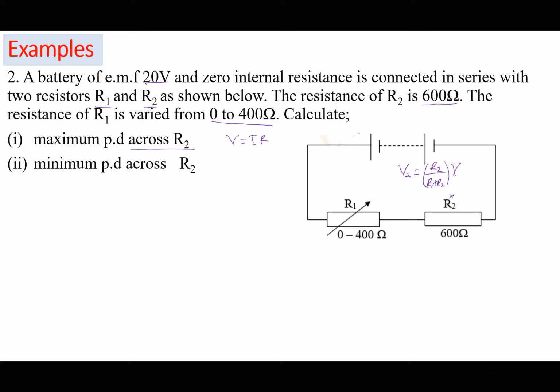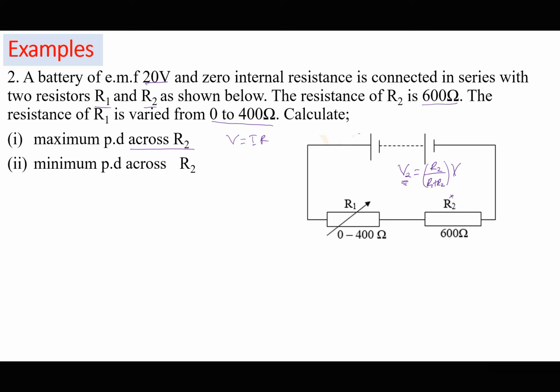Because R2 is fixed, then R1 should be 0. That is simple common sense. Because R2 is fixed, R1 should be minimum, because R1 is the one which is variable. So R1 should be 0.